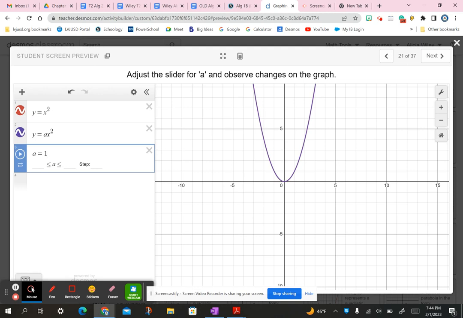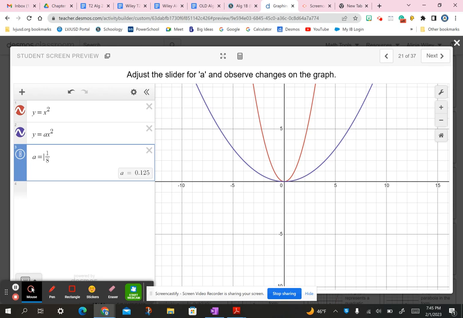If I change the a value to something like 1/2, so some sort of decimal value that's smaller than 1 but still bigger than 0, then that's going to create something that's more wide. If I want it to be even wider, I can just make it a smaller fraction, like 1/8. The smaller the fraction, the wider your parabola is going to be.